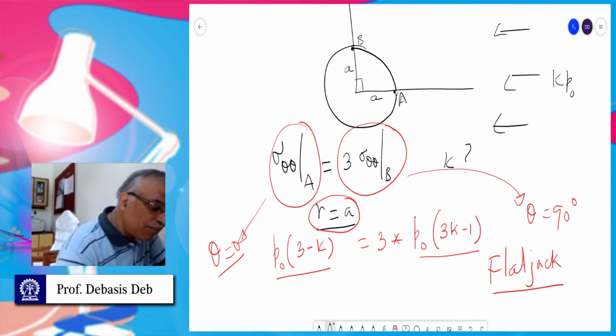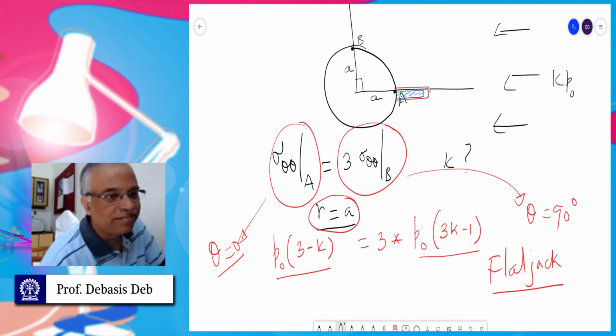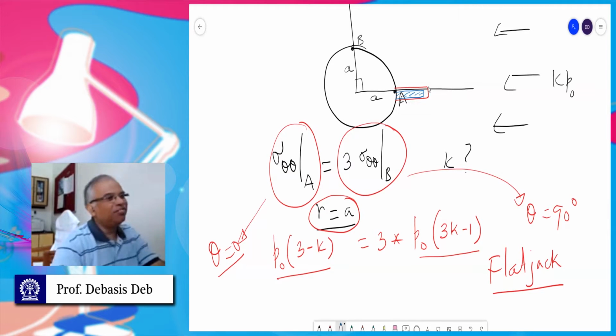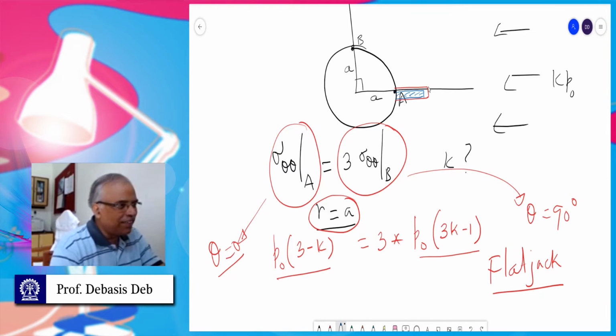Now in that, what you have done? You have made a hole, a slot like this, and you have inserted a flat jack. Do you know what is a jack? Have you seen a jack? No, sir. Anybody?